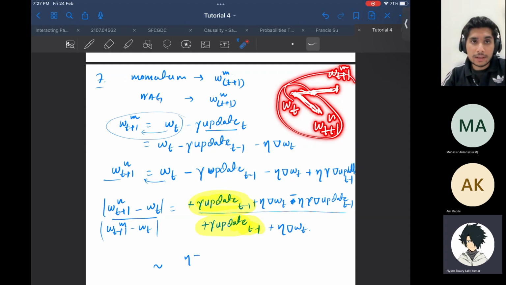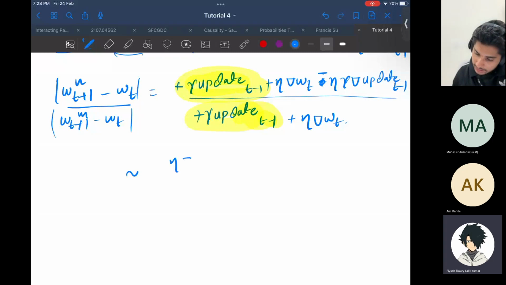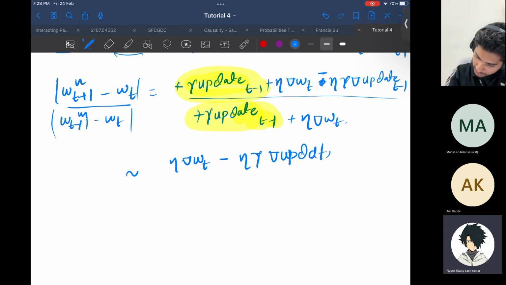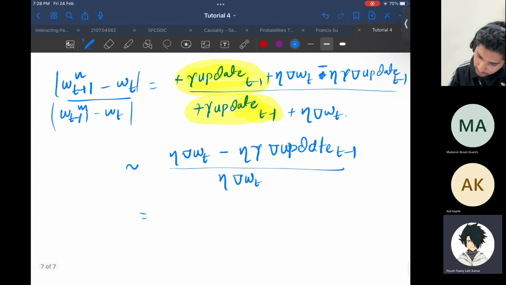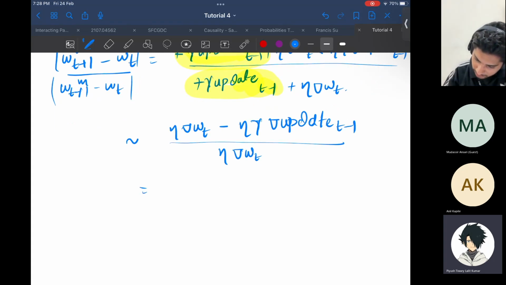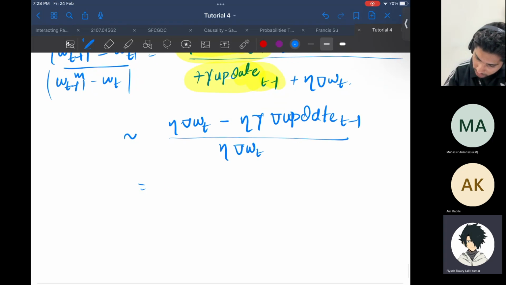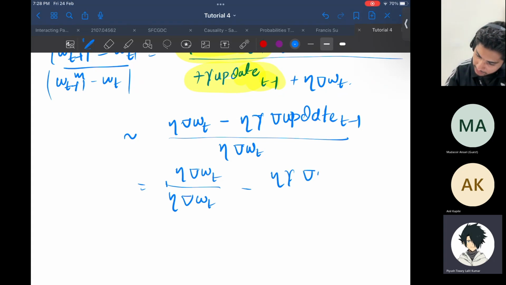Then you take the remaining terms: gradient of wt minus eta times gamma times gradient of update t minus 1, upon gradient of wt, which is again equal to, if I individually divide this, gradient wt upon eta times gradient with respect to wt, minus eta times gamma times gradient with respect to update t minus 1 upon eta times gradient with respect to wt.